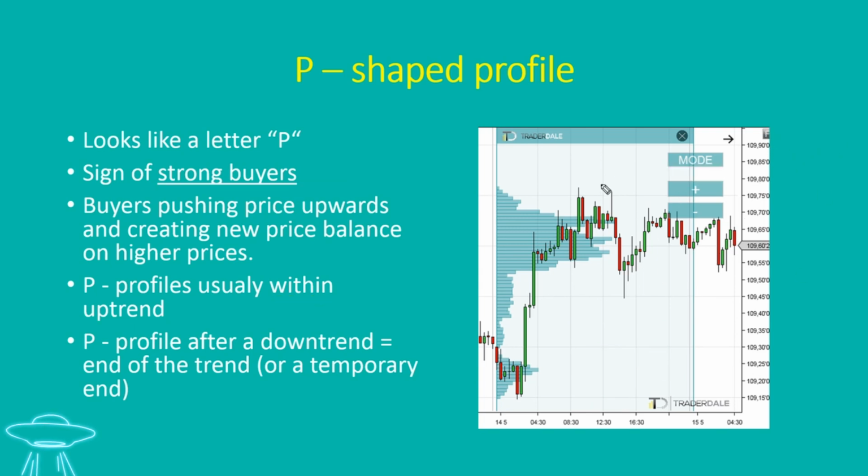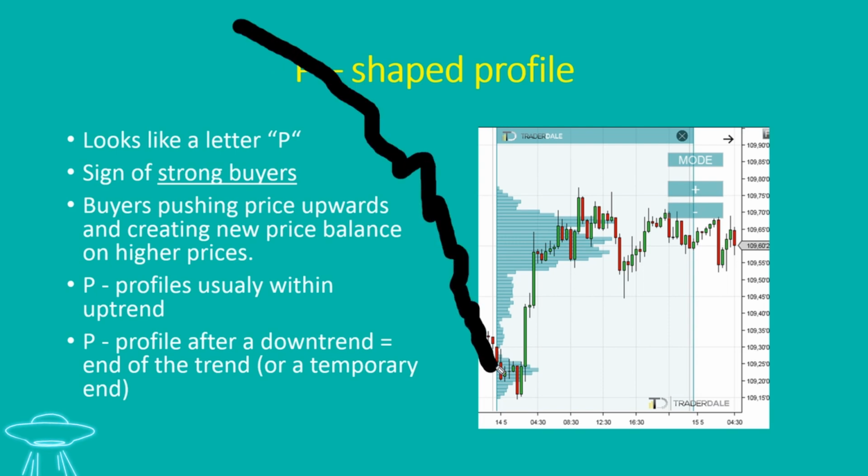Another way the P-shaped profile can help you is that it is a sign of the end of a downtrend. So imagine there was a downtrend in here, and now the price formed a P-shaped profile, which is a sign of strong buyers.